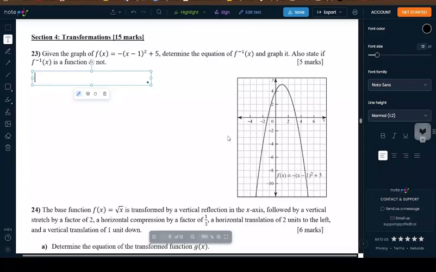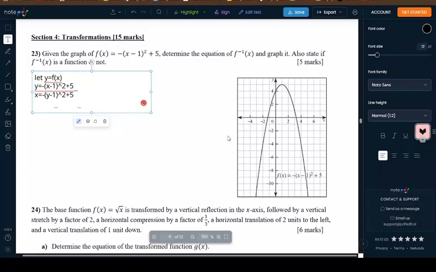So flip, let y equal f of x. So y is equal to negative x minus 1 squared plus 5, and then we replace x. So x is equal to negative y minus 1 squared plus 5.